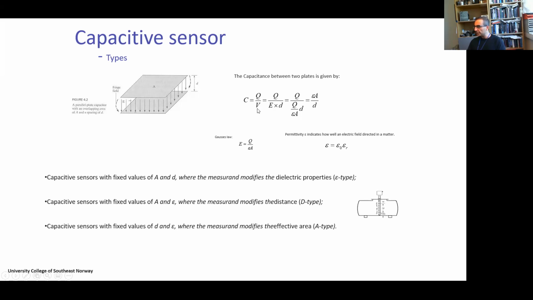And then we know the voltage is the electric field times the distance. And then by using Gauss's law, we can rewrite this and replace the field by Q over epsilon A. Then we get this well-known equation for the capacitor, which is C is equal to epsilon A over d. So we have all the parameters which we need to calculate the value of the capacitor.